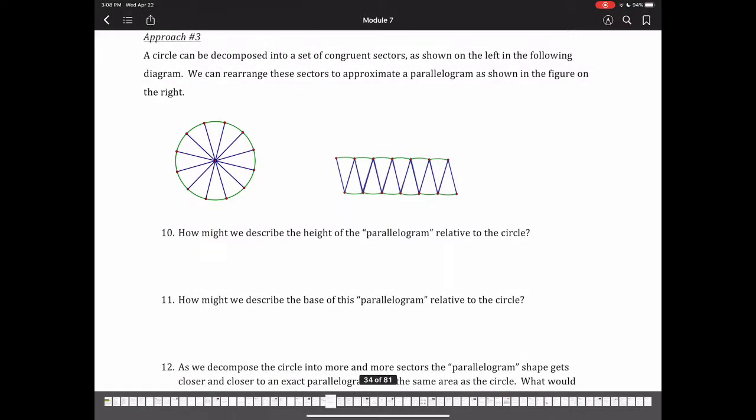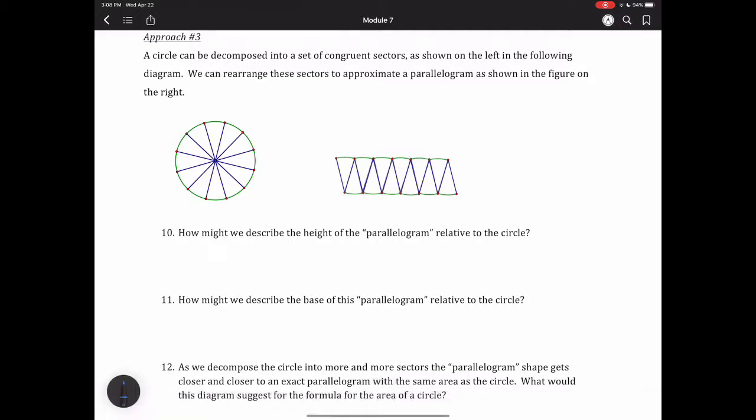Finally, we can decompose a circle into a set of congruent sectors like we've been working on in the past couple of sections. That's shown on the left, and we could rearrange these sectors, take them apart piece by piece, and approximate a parallelogram as shown in the figure on the right. So we're pretending that it's a parallelogram.